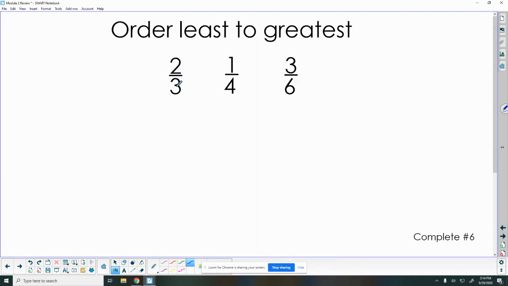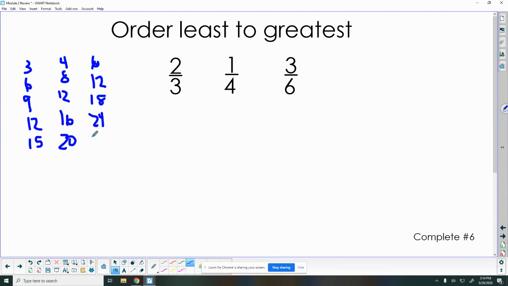All right, we're going to order these from least to greatest, but I notice they do not have a common denominator. So I'm going to list out 3s. So 3, 6, 9, 12, 15. I'm going to list out 4s. 4, 8, 12, 16, 20, and some 6s. 6, 12, 18, 24, 30.